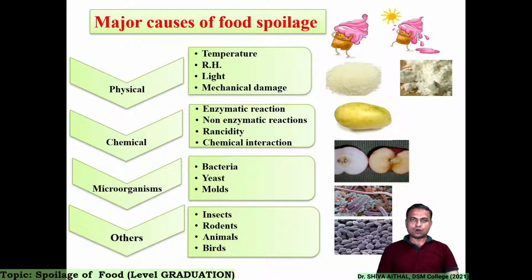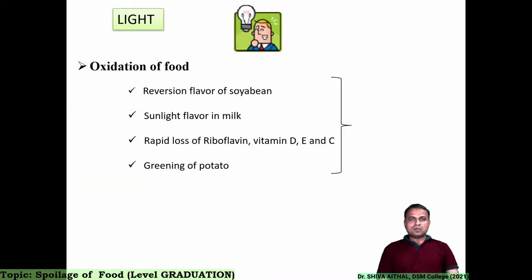Other insects, rodents, animals and birds are also responsible for food spoilage. One of the most important physical parameters responsible for bringing out physico-chemical change in food is light. Oxidation of food due to light. Examples given here are the reversion flavor of soybean.